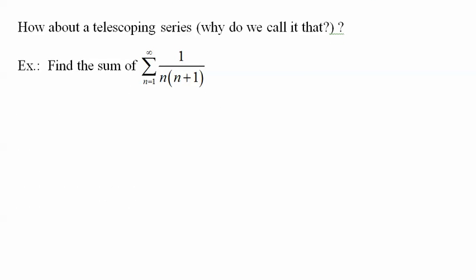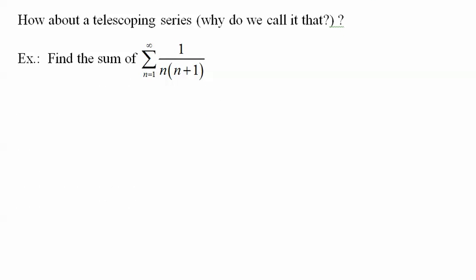How about a telescoping series? And you'll see why we call it that in a minute. Well, this one's pretty cool. We have to do a little bit of partial fractions. And what's the question here? The sum. What does it converge to?